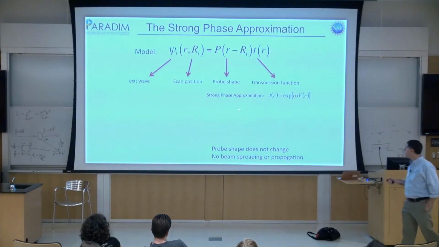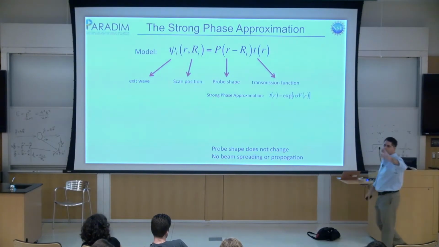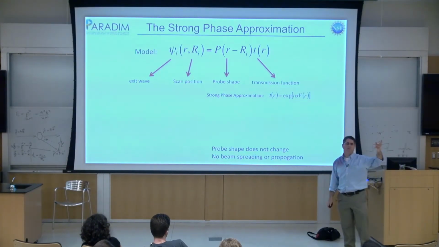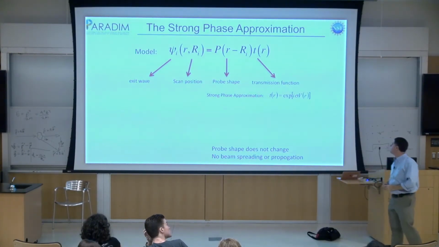The strong phase approximation says that the transmission function is e to the i sigma V. V is the potential that I'm scattering from, and all that the potential does is introduce a phase shift, and sigma is a coupling parameter that describes how strongly the electron beam is going to interact with the Coulomb potential. It's just a function of beam energy.